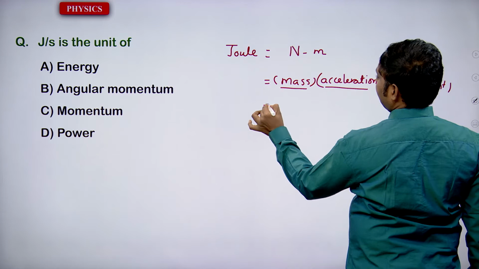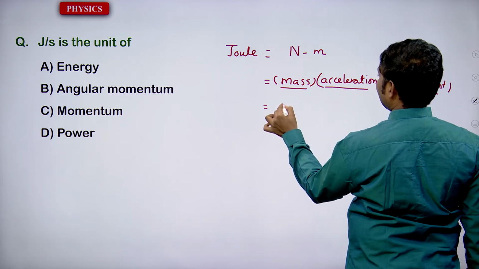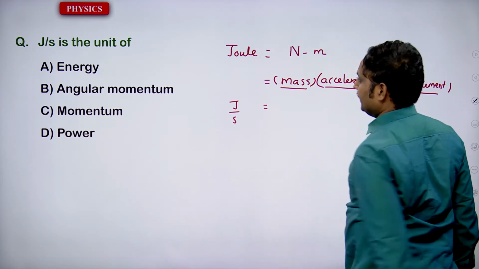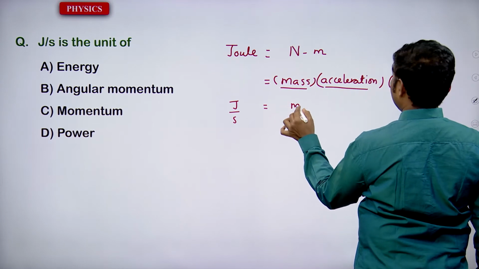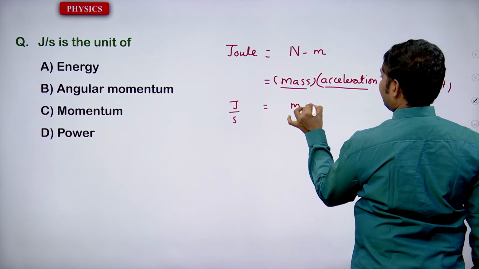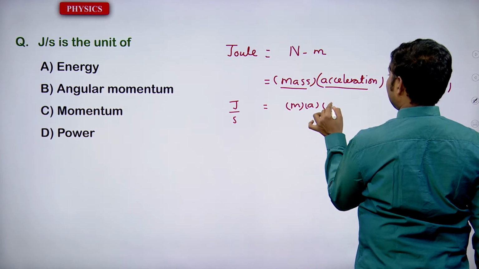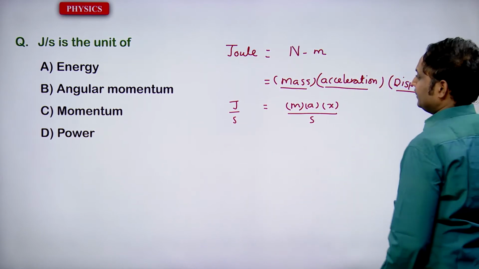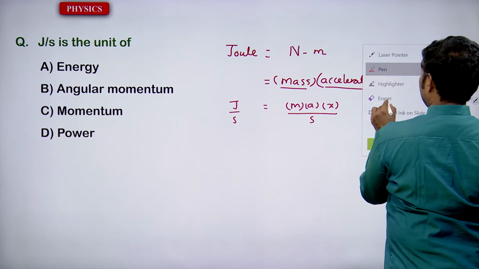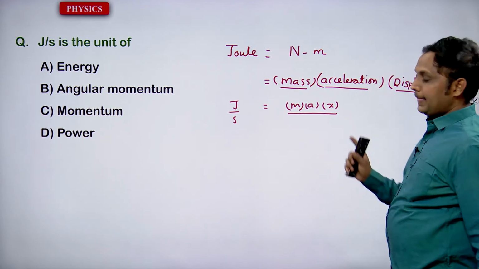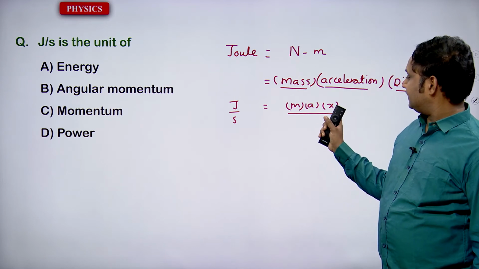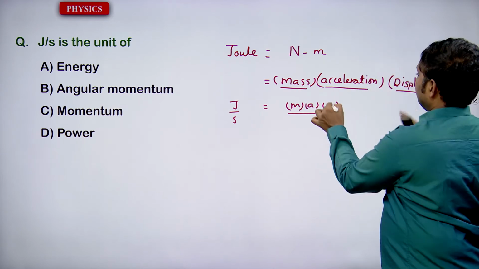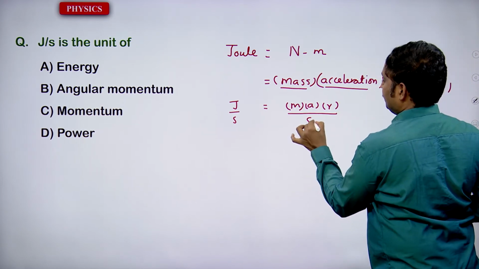Now it is identified that Joule per second is going to be mass, acceleration, and let us assume this is going to be x, the displacement, and this is going to be the second.